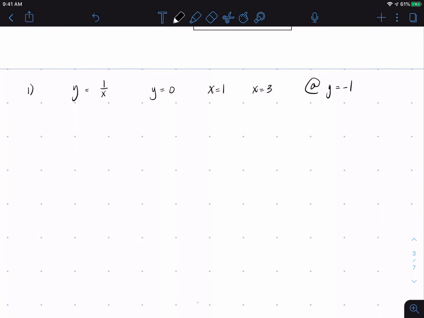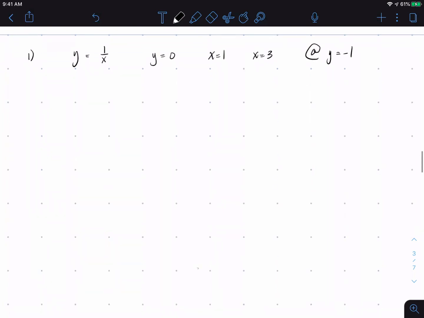All right, let me go ahead and try to graph for you guys, at least that piece.